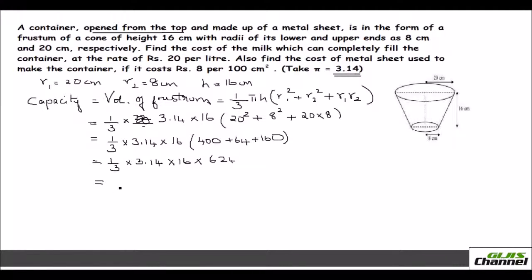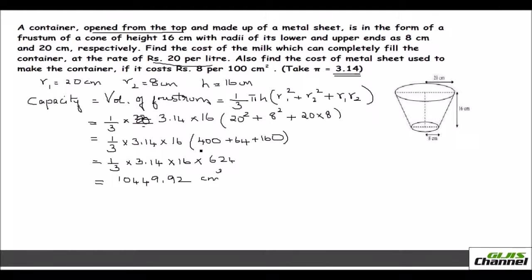So this would give you, just do the calculation. You can do it manually, or if you are permitted to use a calculator, use a calculator. And here I am using a calculator, and I got the value as 10449.92. Since this is the volume, I would write centimeter cube, but the rate is given per liter, right?